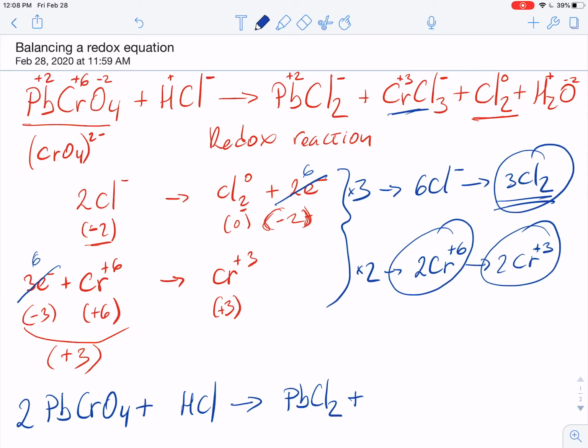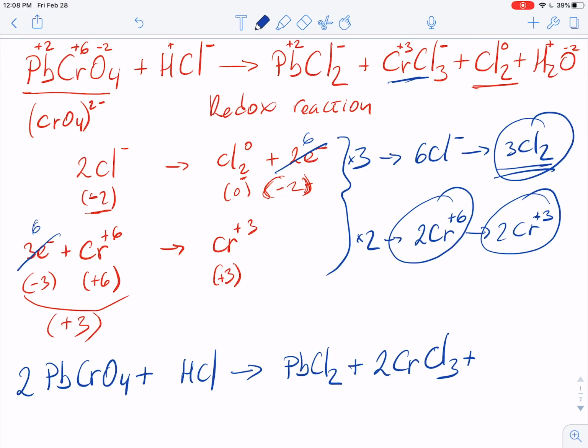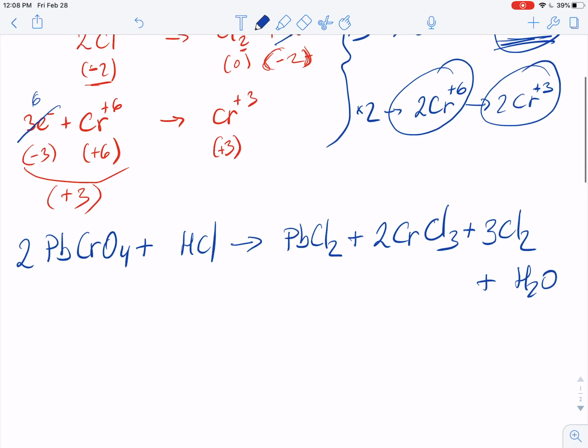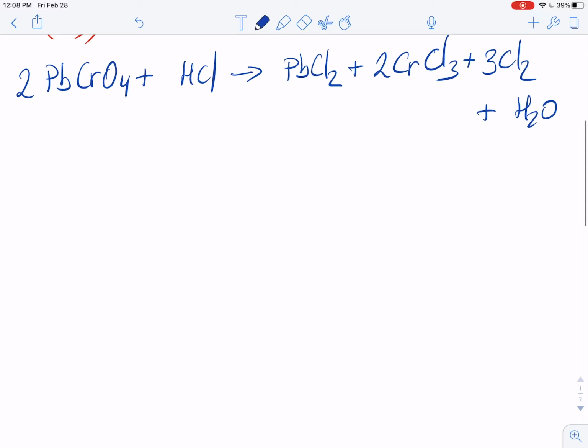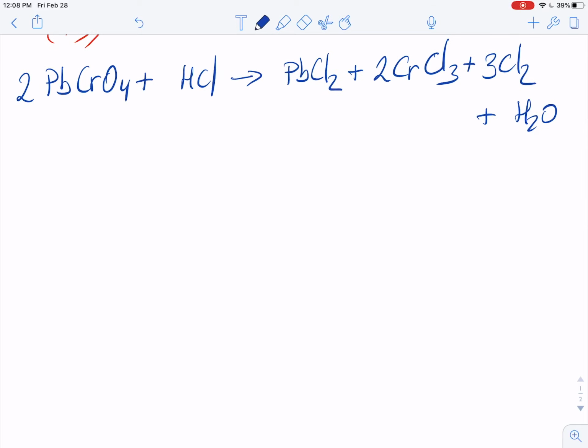This one has to be 2 CrCl3, and the molecular chlorine has to be 3. I'm going to leave water alone for a moment. Okay, so now we are focusing on this partially balanced equation.